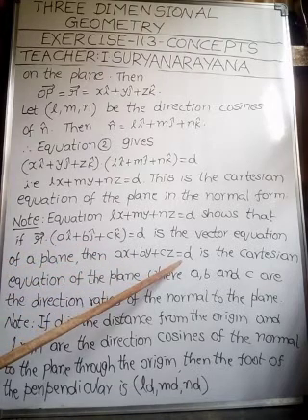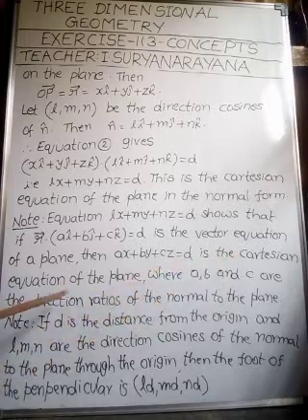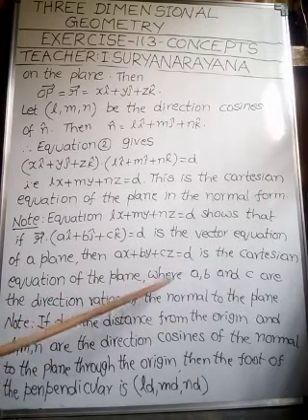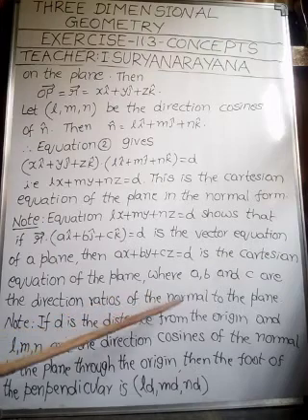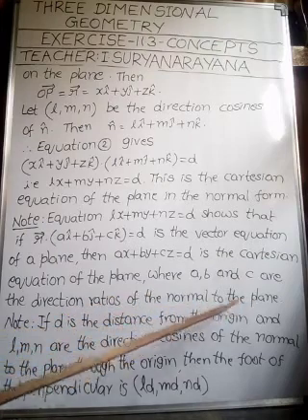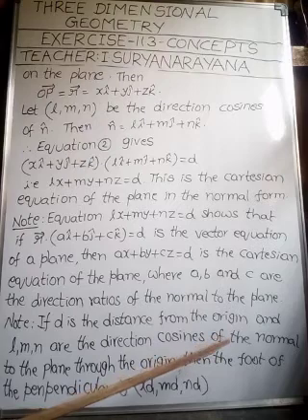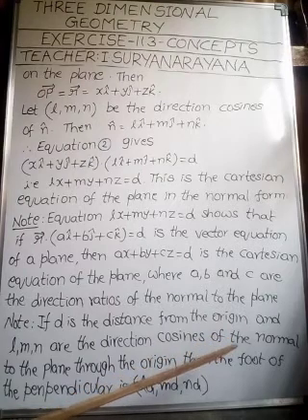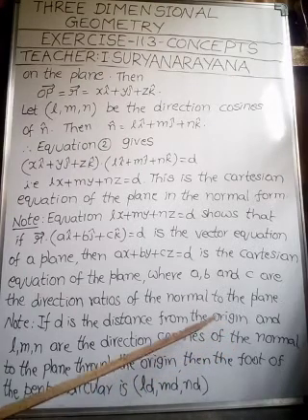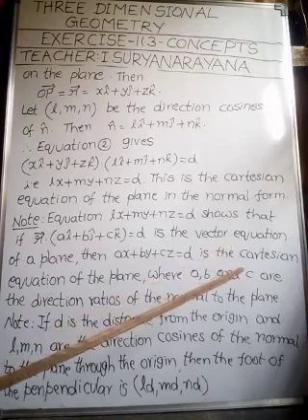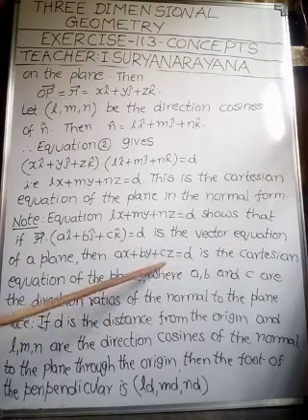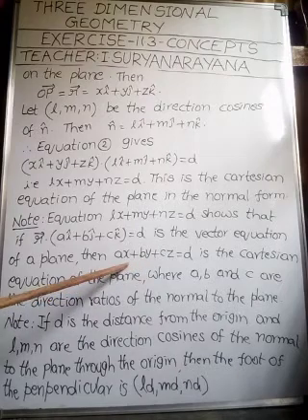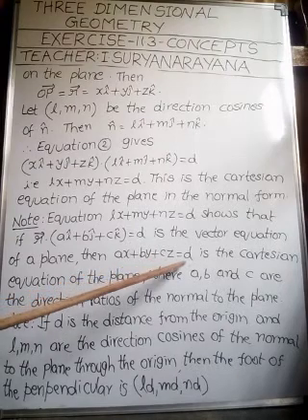Yes or no, my children? Right. This is the Cartesian equation of the plane where a, b and c are the direction ratios of the normal to the plane. In case the direction ratios of the normal to the plane are given and the distance d of the plane from the origin is given, then the equation of the plane is ax plus by plus cz is equal to d.